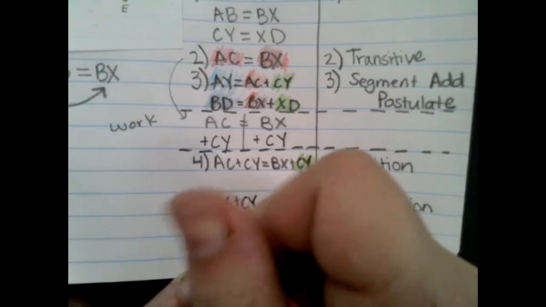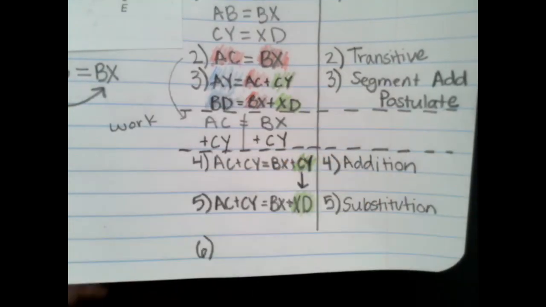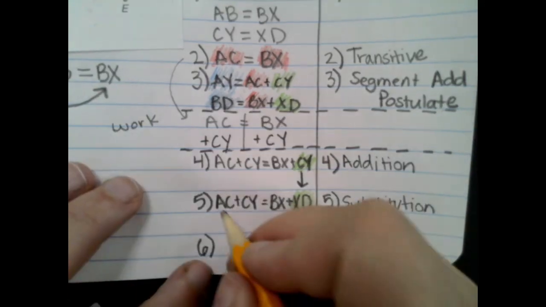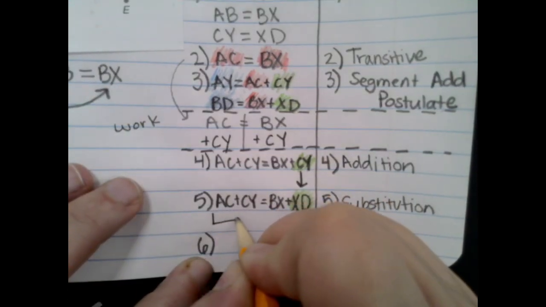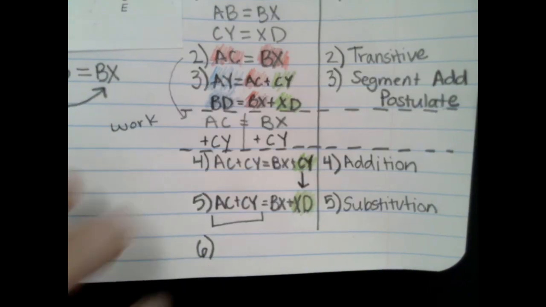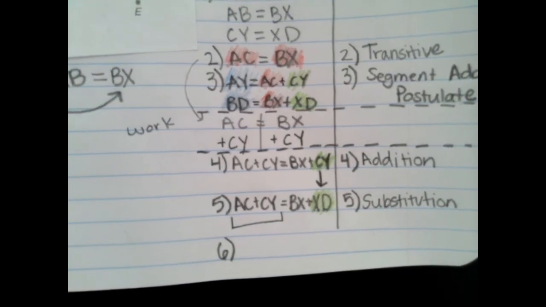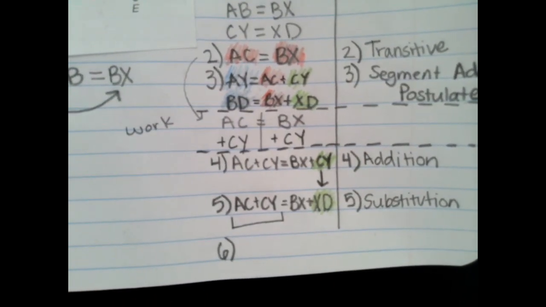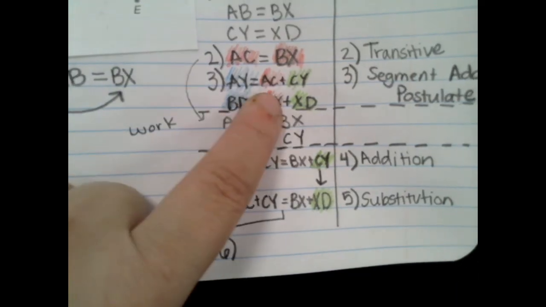Okay, for our last step now, step 6, I can look at this and I know AC plus CY. As we look at our drawing, when you go from A to C and then C to Y, where are we really traveling from? A to Y. And we said it right here in step 3.